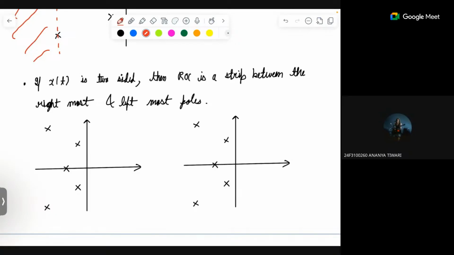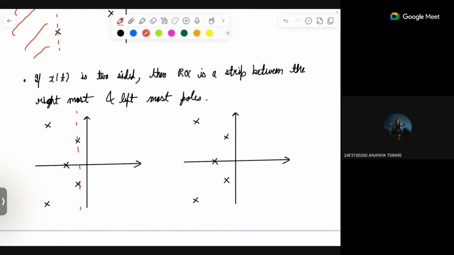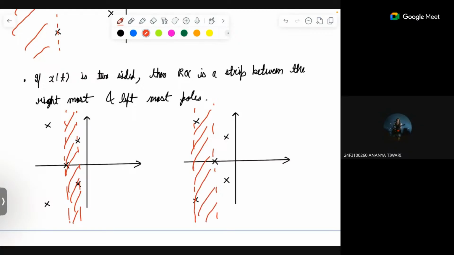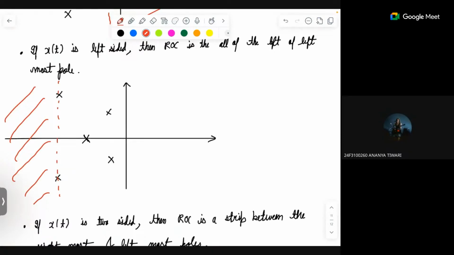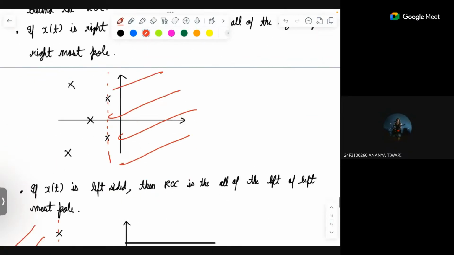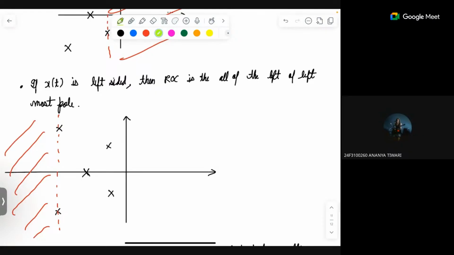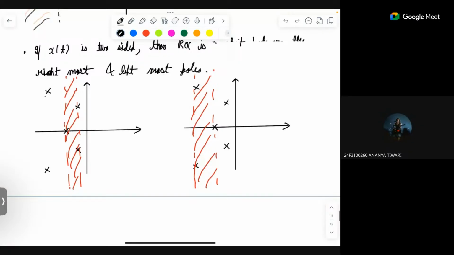So here are two possible ROCs. This is one possibility. This is another possibility. If the signal is two-sided, the ROC is a rectangular strip, because a pole cannot come inside the ROC. Here the pole did not come inside the ROC, neither here. And my signal was left-sided, so the ROC is also left-sided. Are you able to see this?